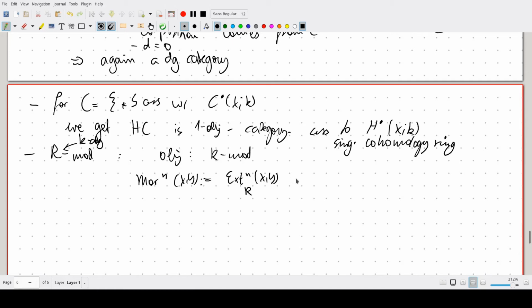And the idea is that we can define Xn to actually be the morphisms in the cohomology category of the category of complexes of R modules of degree n between, well, now we can't take X and Y, we take instead a projective resolution of X and a projective resolution of Y. Or injective resolutions, or whatever you want.